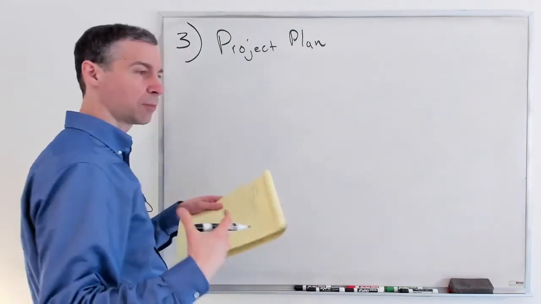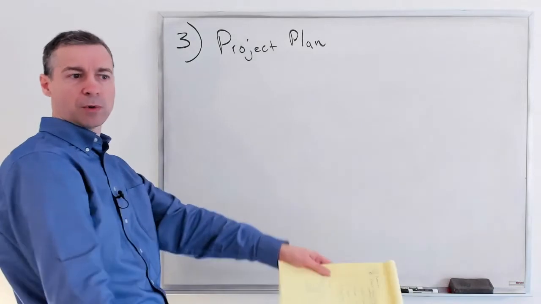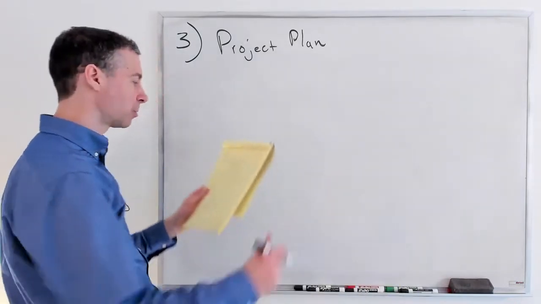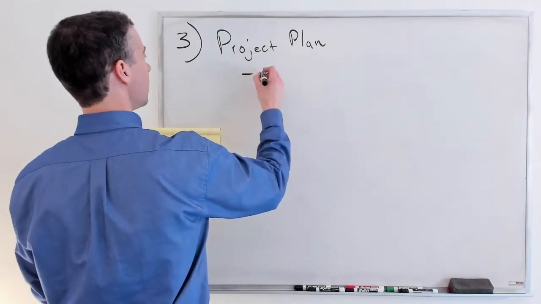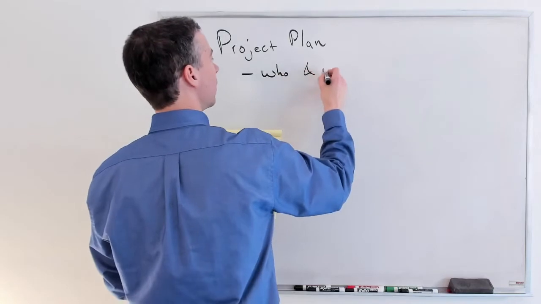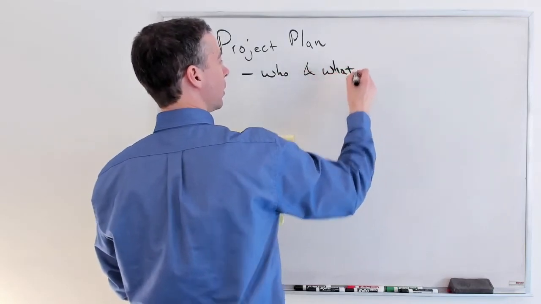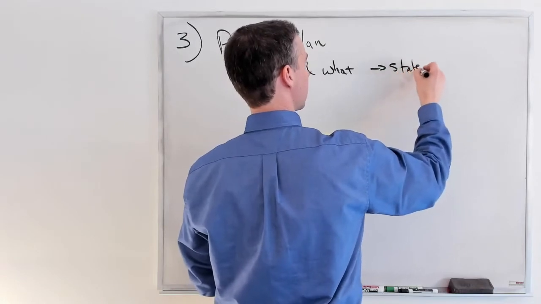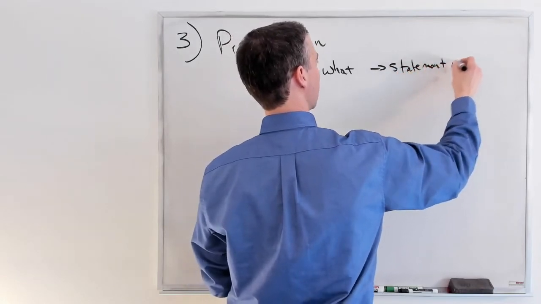covers a whole bunch of stuff about saying what's the overall vision for how we're going to run our software project. In it, you're going to talk about who's going to do the work and what work is going to be done. This is often put in terms of a statement of work.